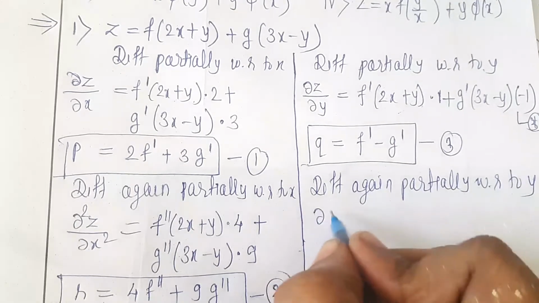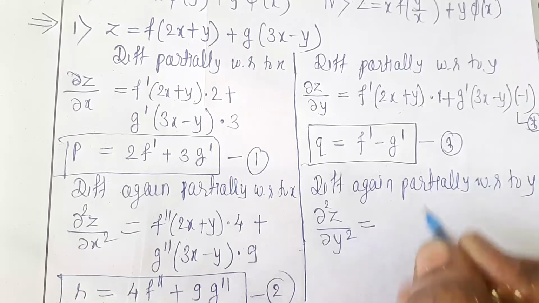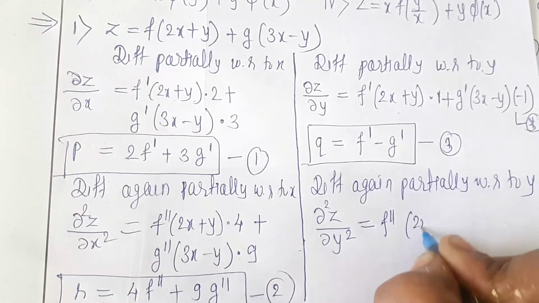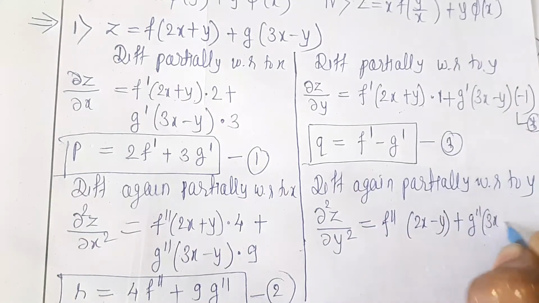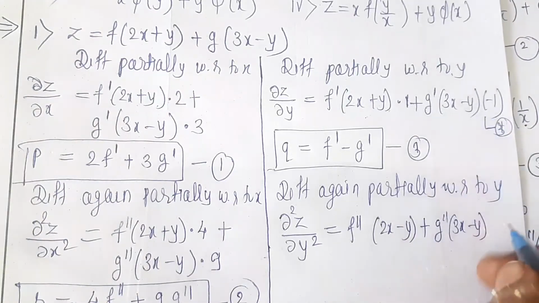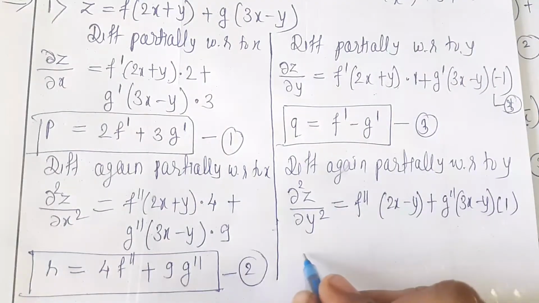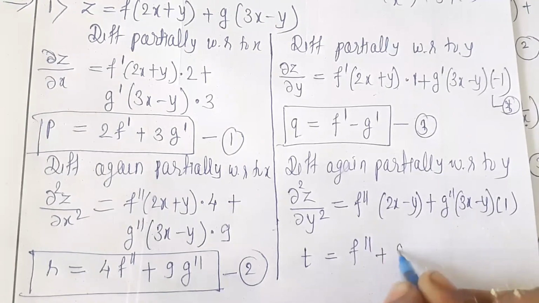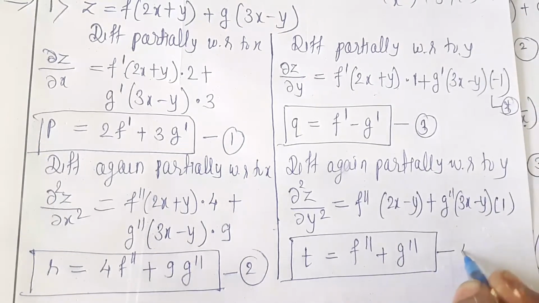So del 2z by del y square is equal to the derivative of f dash, which is f double dash of 2x plus y, plus g double dash of 3x minus y multiplied by the derivative of 3x minus y, which is minus 1 into minus 1, which is plus 1. So del 2z by del y square is denoted by t, which is equal to f double dash plus g double dash. This is equation number 4.